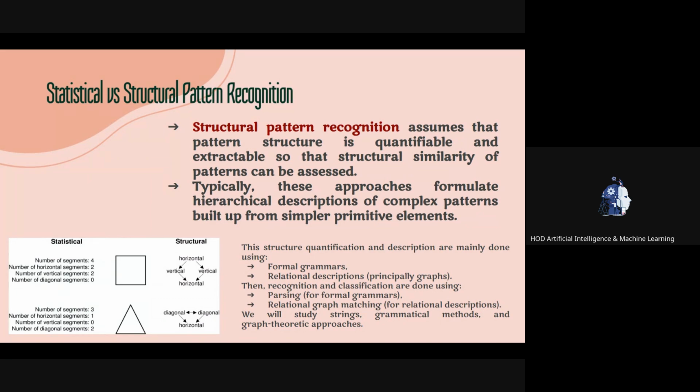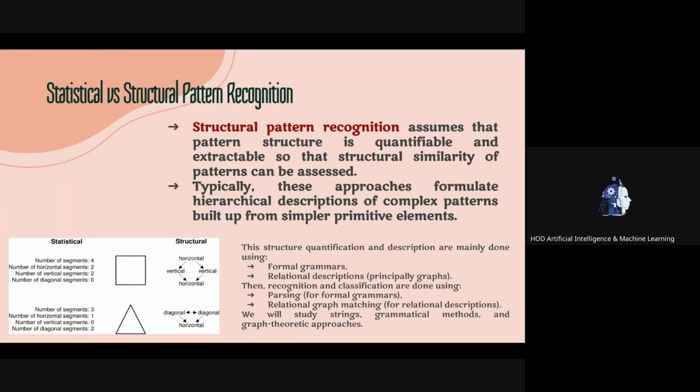That's absolutely fine, but when you give these inputs, number of segments 4, horizontal segments 2, vertical segments 2, diagonal segments 0, how many of you will be able to recognize that these features are taken from a square?